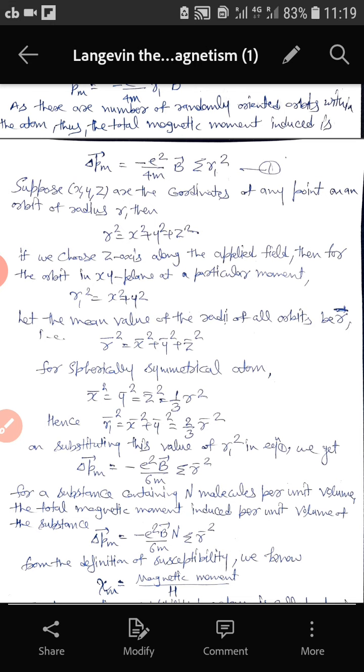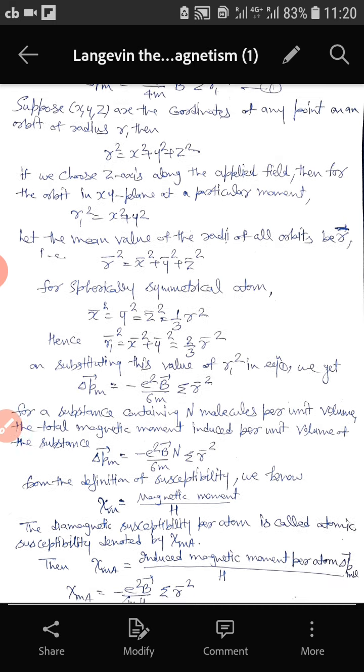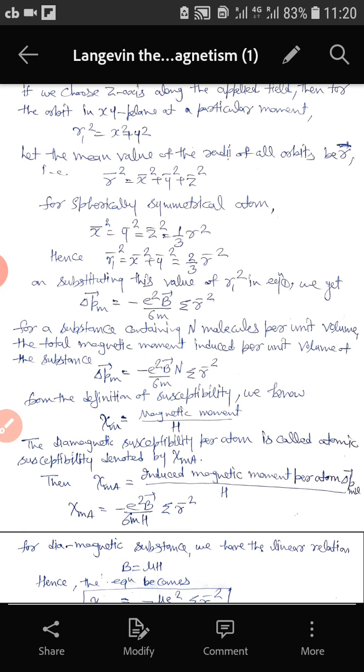For a substance containing n molecules per unit volume, we multiply this magnetic moment by n, which gives us the total magnetic moment induced per unit volume of the substance. As we know from the definition of susceptibility, chi m is equal to magnetic moment per unit volume by H. The diamagnetic susceptibility per atom is called atomic susceptibility, so we call it chi ma.